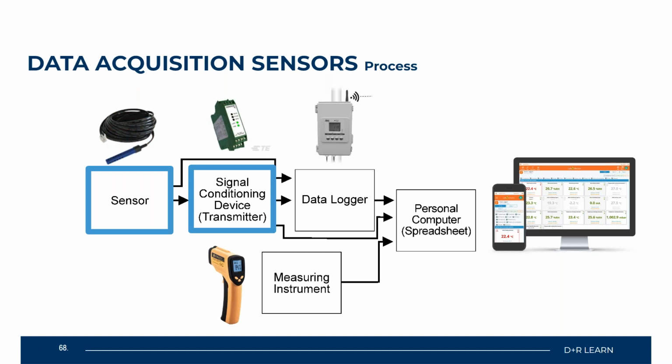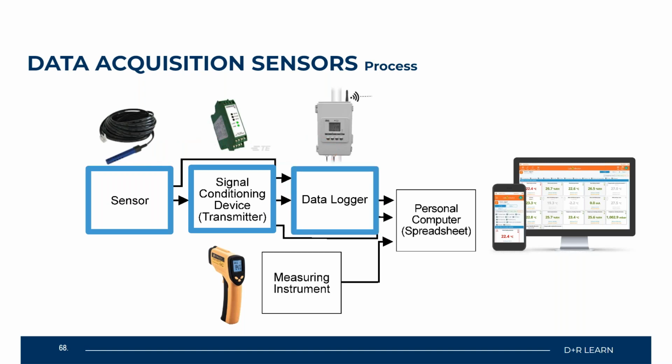From there, you have your signal conditioning device or transmitter. We didn't talk about it too much, but this is a device that modifies the raw analog output signals which are produced by the sensor. The signals that come from the sensor, we can't read. Only this device can read it. So it conditions the information coming from the sensor and sends it over to the data logger.